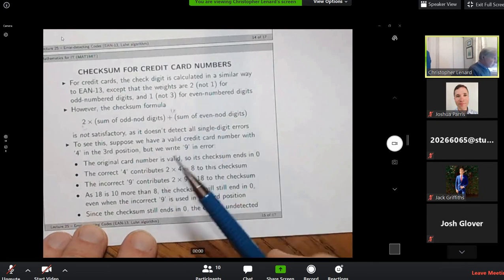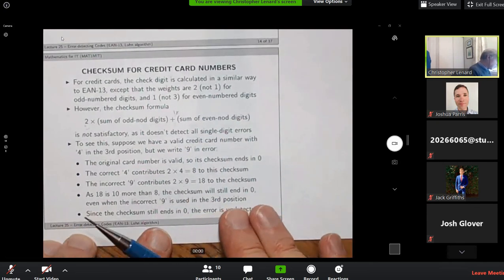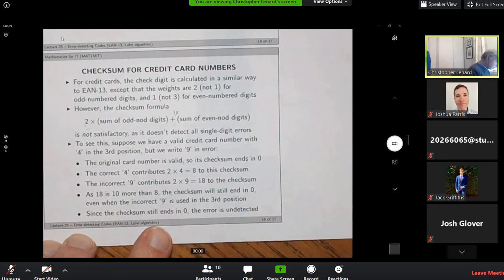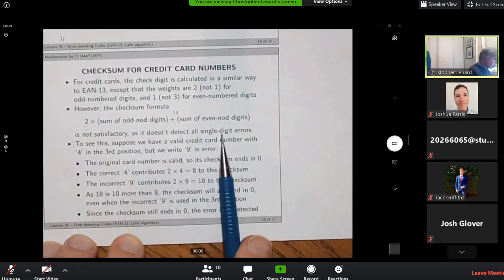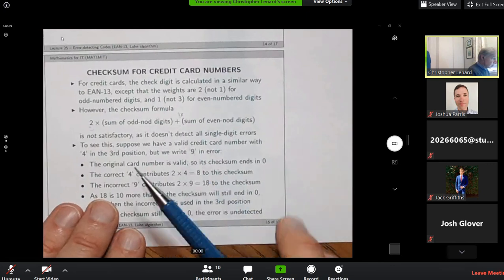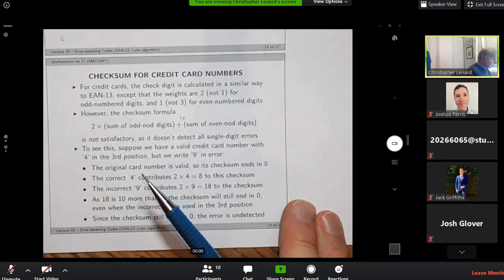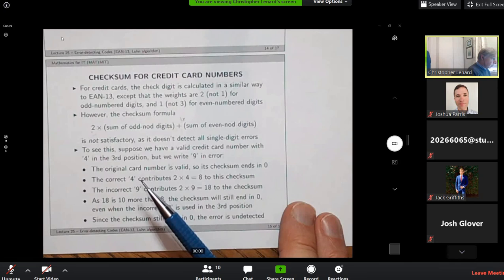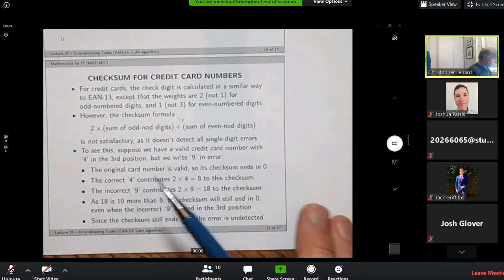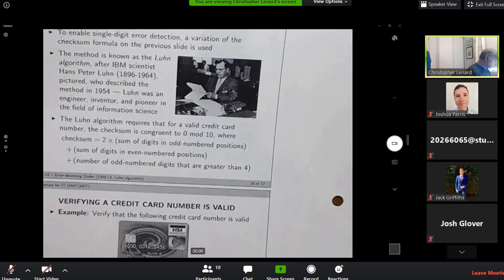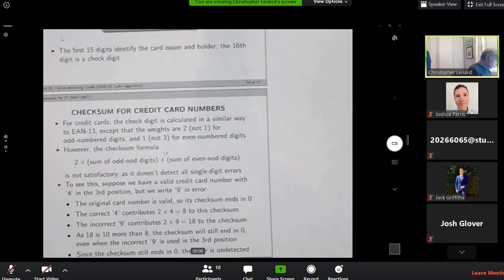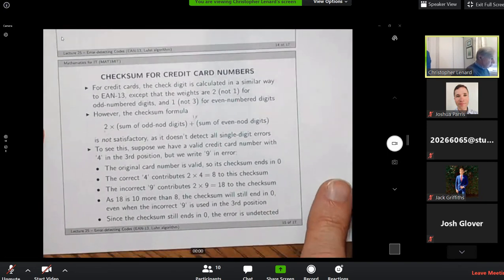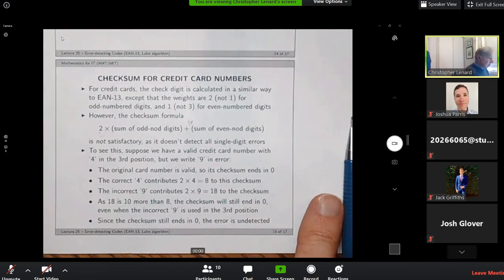However, this does have a few problems. It's not necessarily the best way of doing things, but it's convenient. This checksum formula doesn't even detect single digit errors. I'll continue and talk about this at the next lecture.